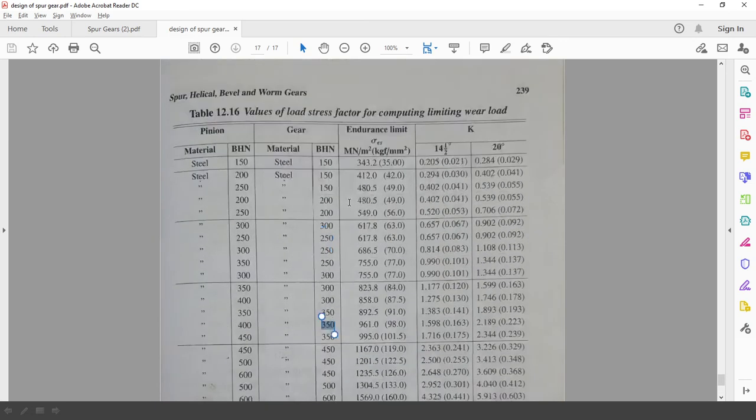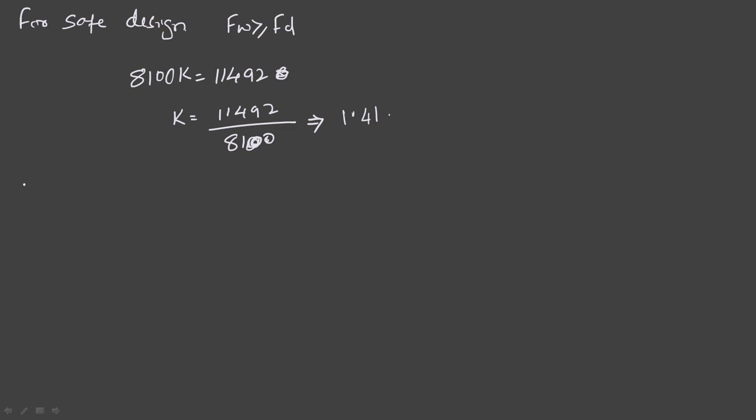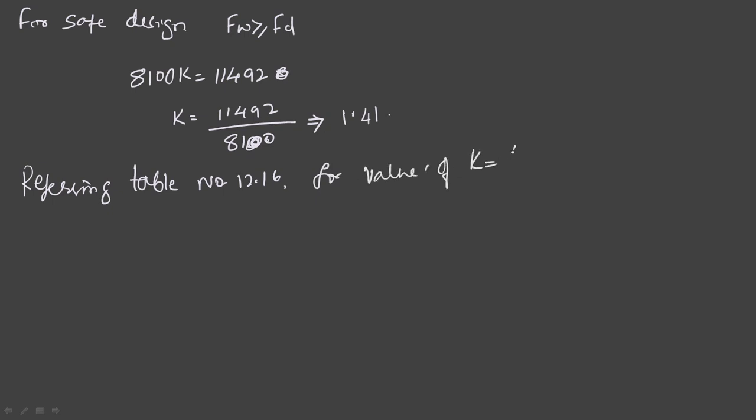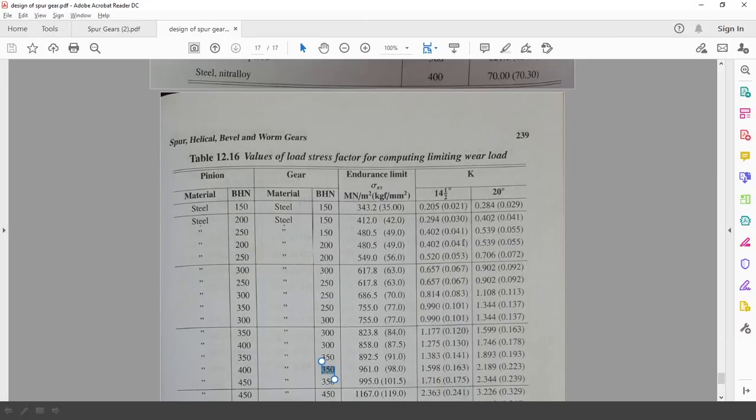So now referring to table number 12.16, for value of K equal to 1.5, how much is it here?